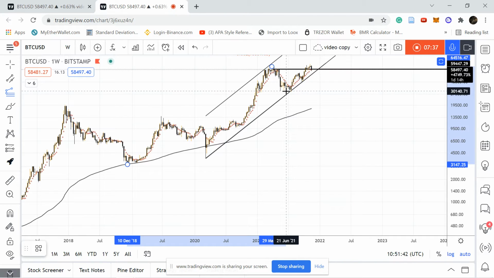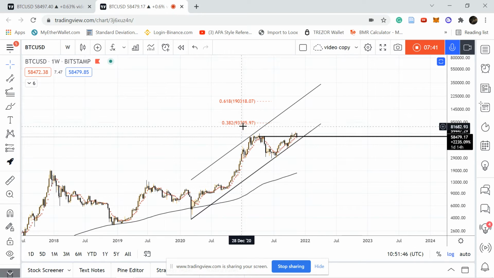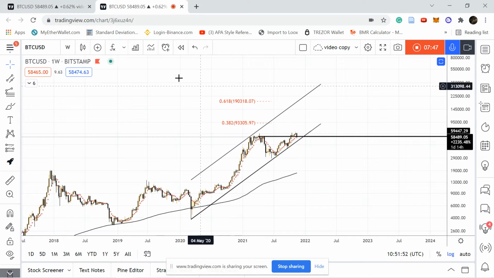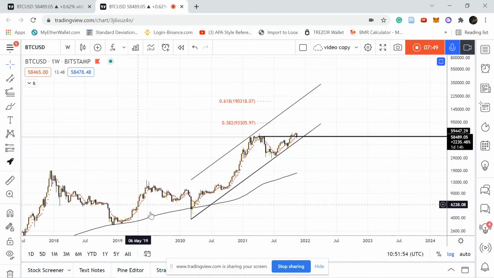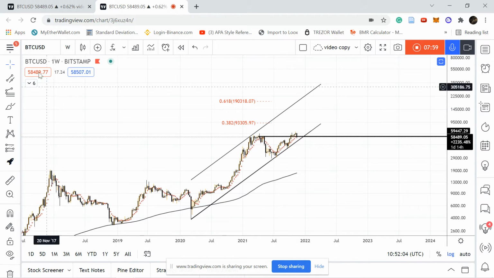In this way, we look at the 0.382 and the 0.618 as possible targets. You need to take wave 1 and wave 2 and multiply by 0.618, and this is our target.